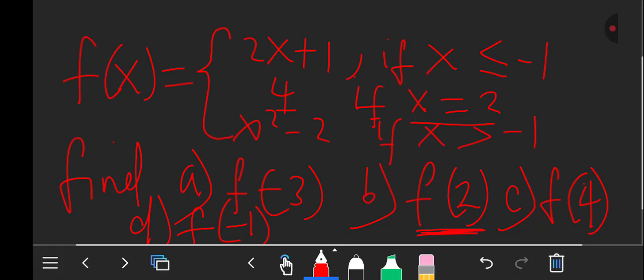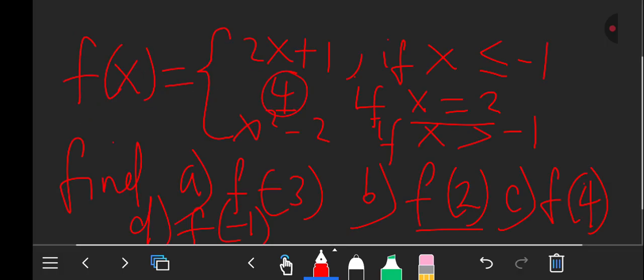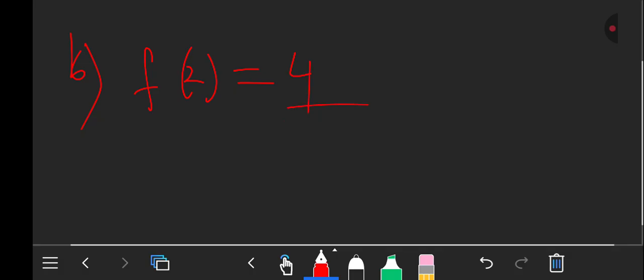So when we substitute 2 in the function, we are getting 4 as the value. So we conclude that f of 2 is equal to 4. So that is for the second one.